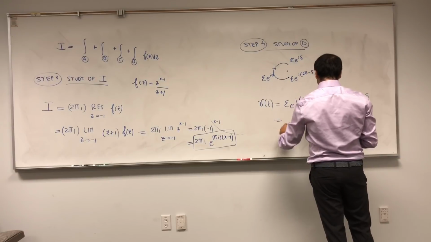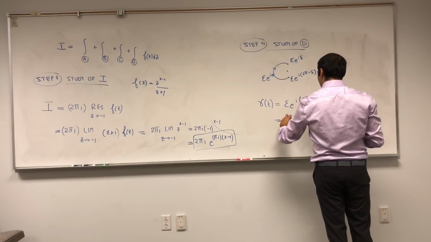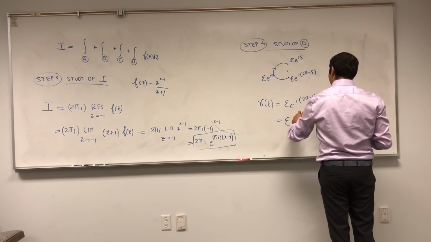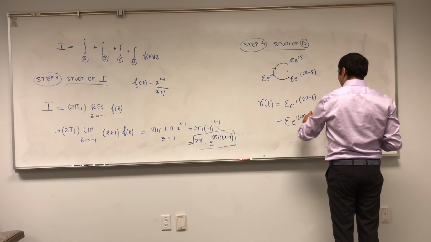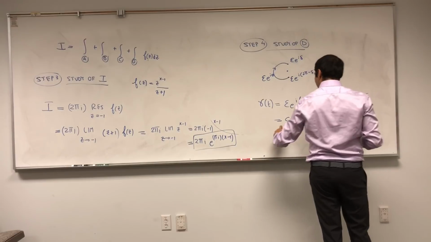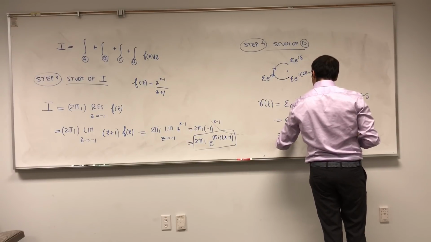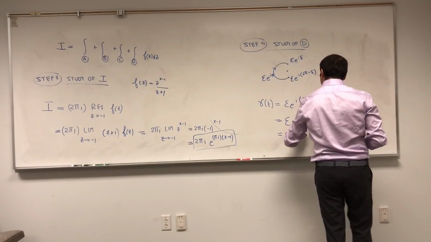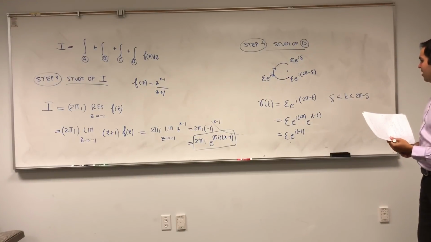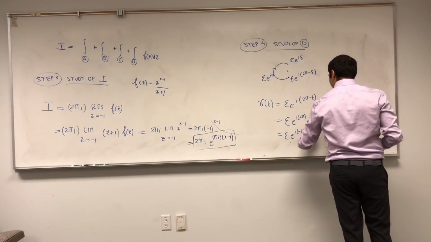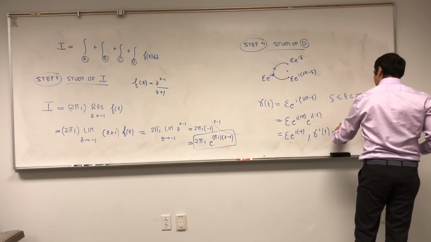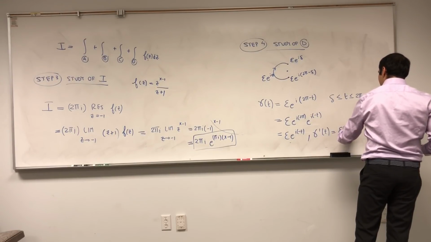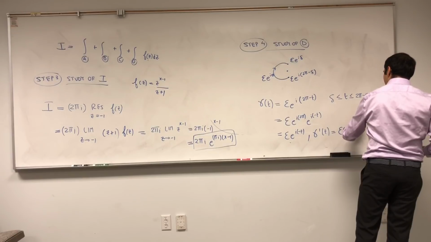But notice we can change this into epsilon e to the i of 2 pi times e to the i of minus t, and that's just 1, so epsilon e to the i minus t. And its derivative becomes epsilon times minus i e to the i of minus t.